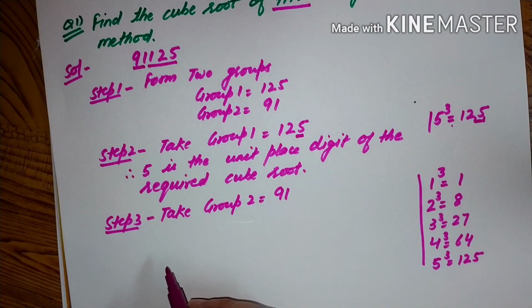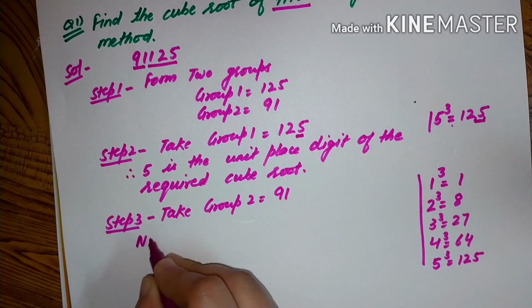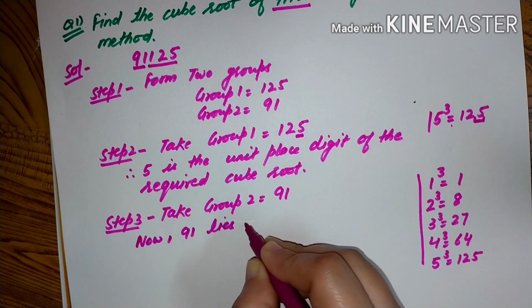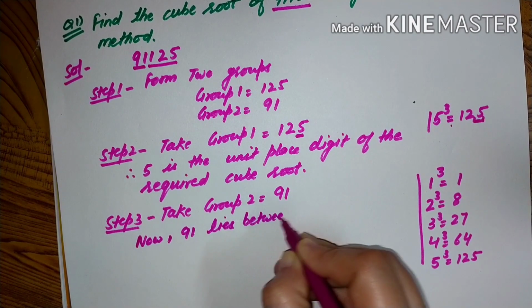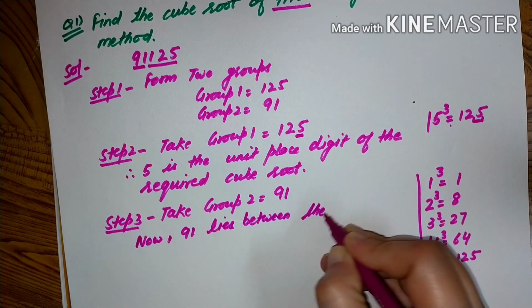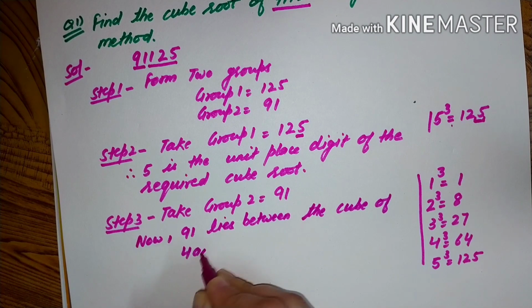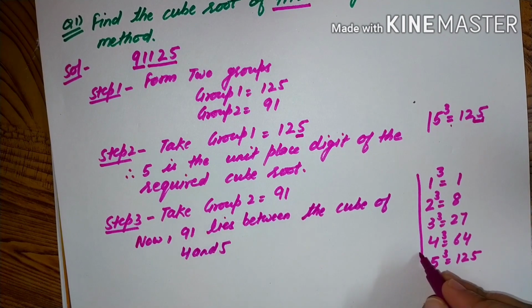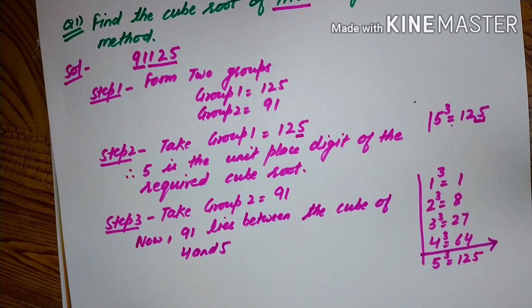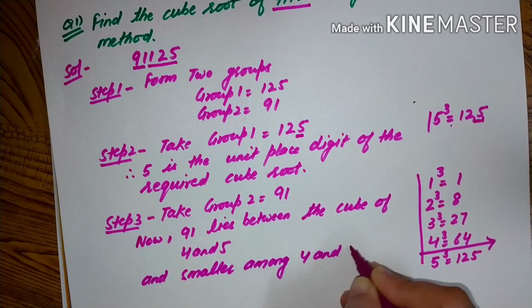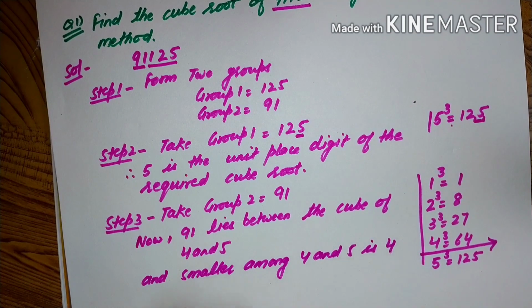And now we can see 91 lies between the cube of 4 and 5. 91 is lying between the cube of 4 and 5, and the smaller among 4 and 5 is 4.